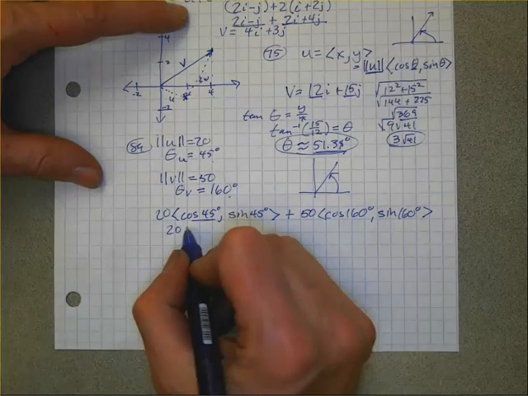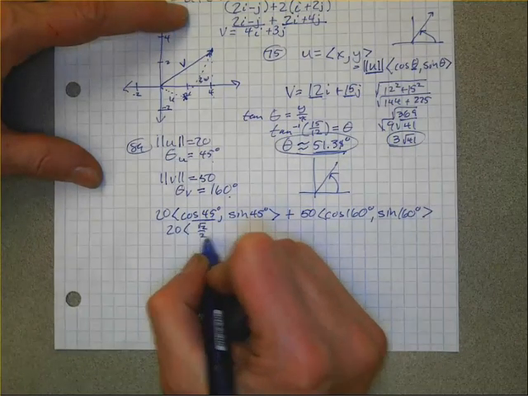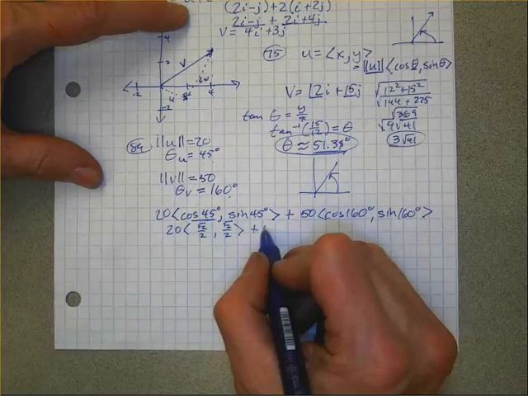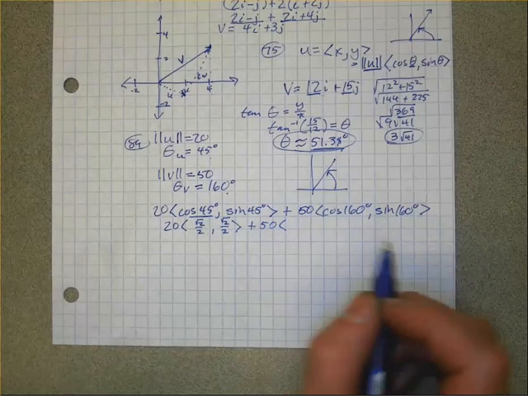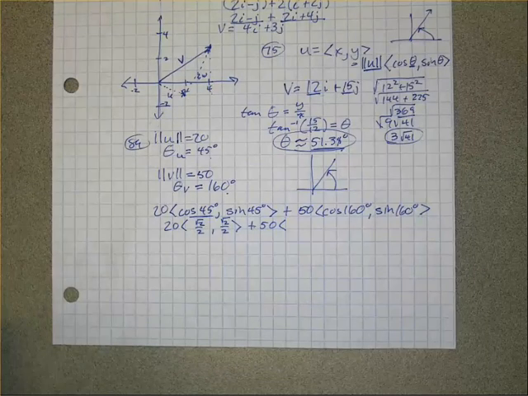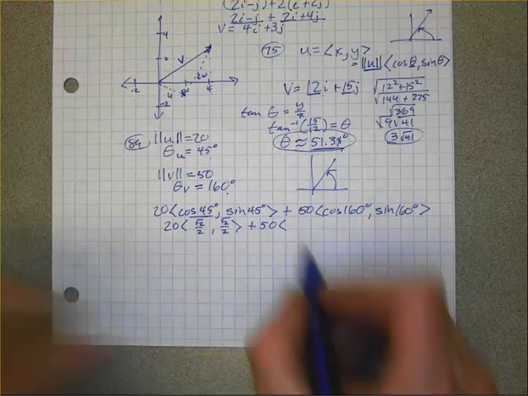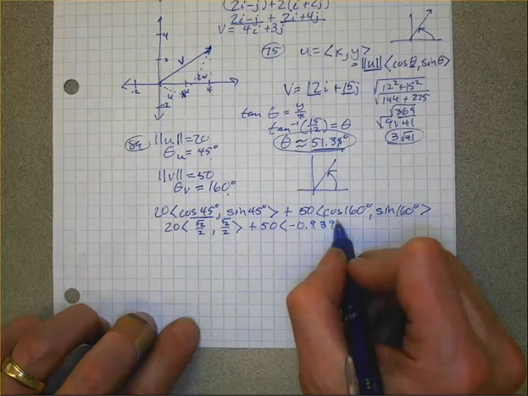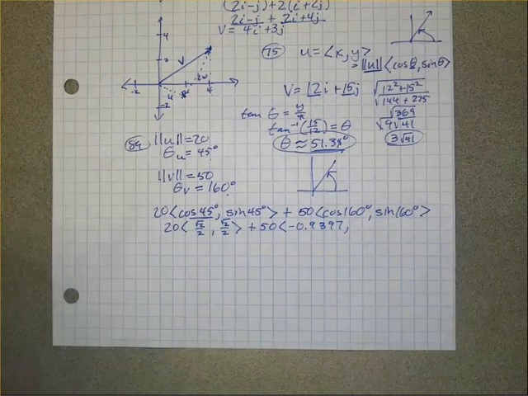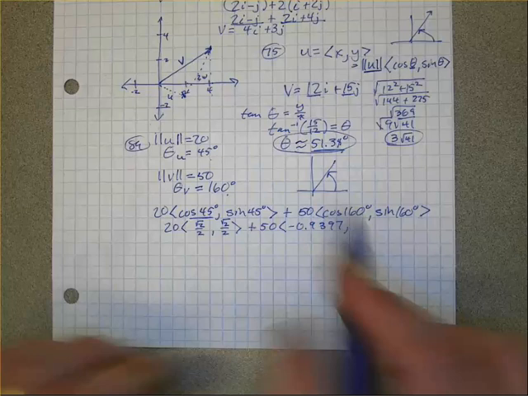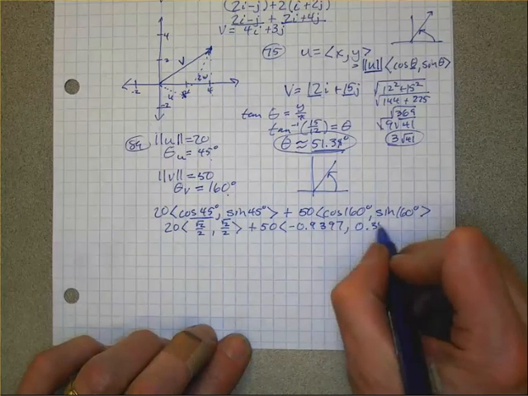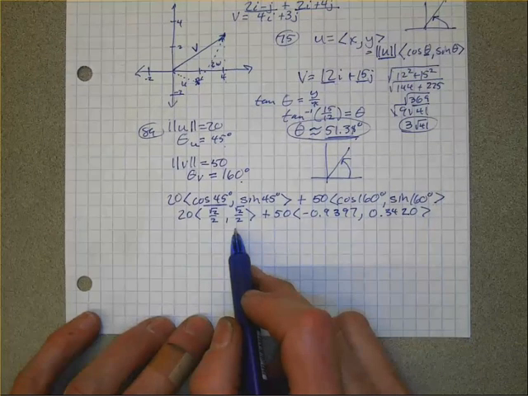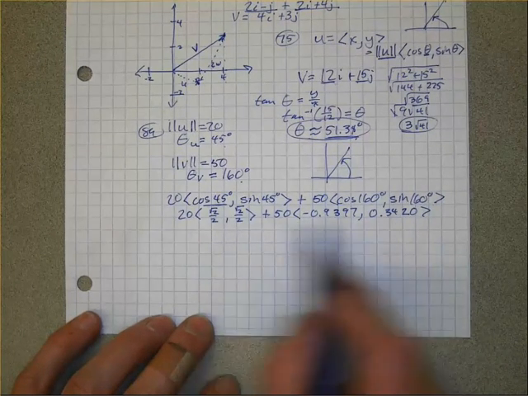So this is going to be 20 times root 2 over 2, root 2 over 2. This, on the other hand, is 50 times the cosine of 160, making sure I'm in degrees, it is, which is negative 0.9397. And then the sine of 160, which is 0.3420. So now I just multiply that times 20, multiply that times 50, and then add the two parts together.